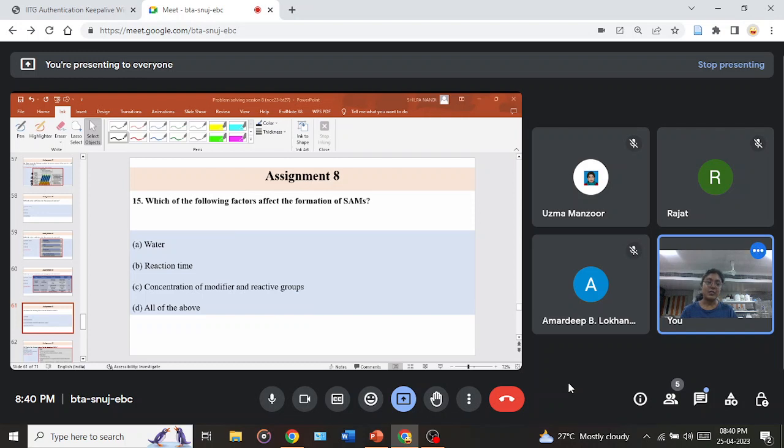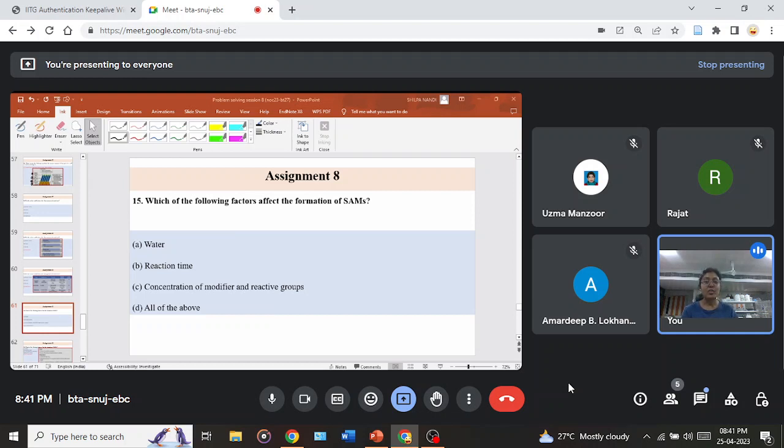Few of the formations can take longer duration, whereas few of the formations of SAMs can take shorter duration, right? So the optimum reaction time is very crucial for the formation of SAMs.